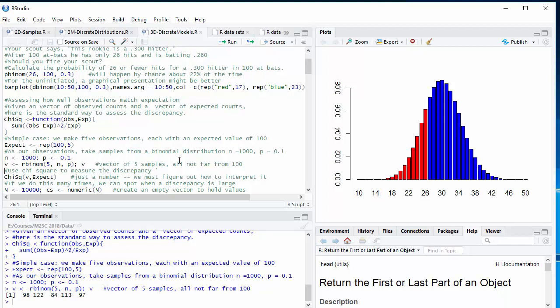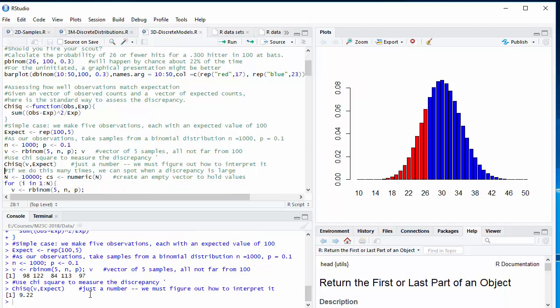And here's what the vector looks like. This is just simulating what would happen if you had a situation where you were expecting 100 successes, but the actual number of successes came from a binomial distribution. And this chi-squared function that we've just written will come up with a numerical value of the discrepancy. Here it computed 9.22. The larger the value, the larger the discrepancy on the average.